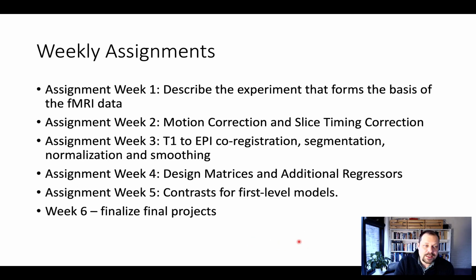Finally, here are your weekly assignments. Assignment 1 in week 1 is to simply read the paper that we provide you with and to describe the experiment that created the data that we're giving you. So the basis of the fMRI data you're going to be working with. What does this mean? So this basically means to read the paper carefully that we're giving you.